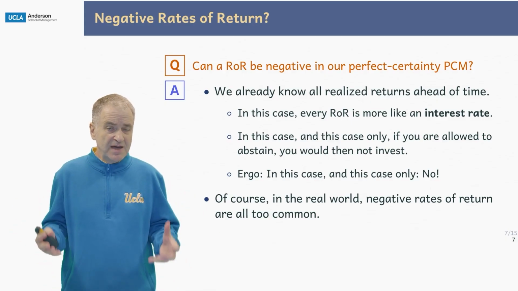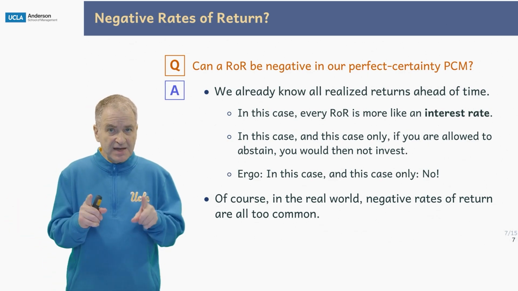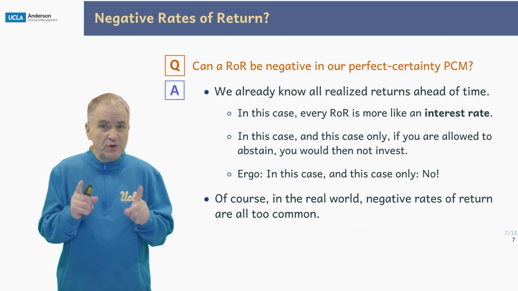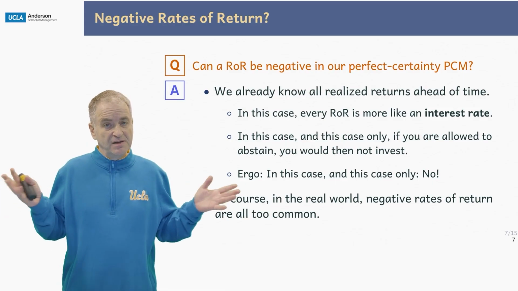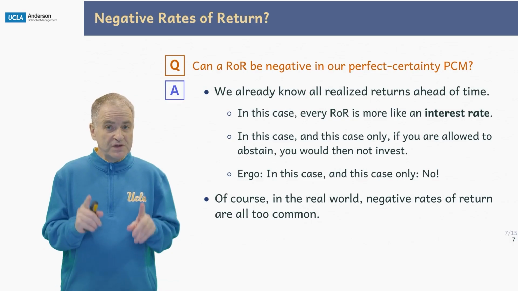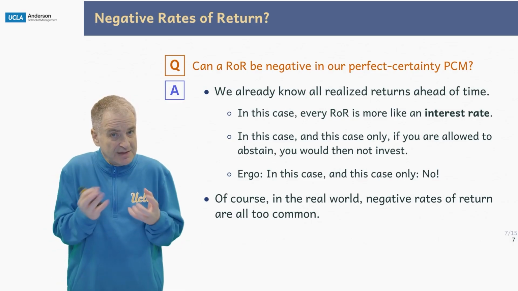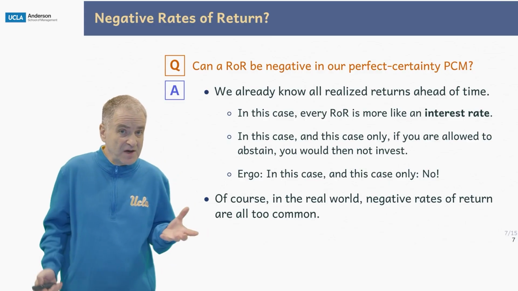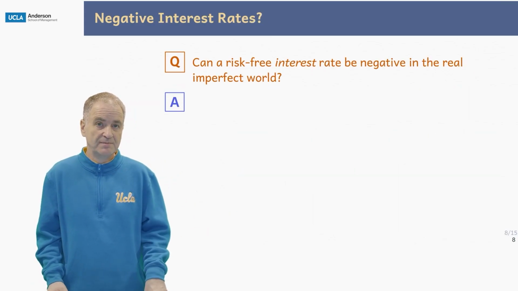In this case, every rate of return is more like an interest rate. In this case only, if you are allowed to abstain, you would simply not invest. Therefore, in this case only, no. Of course, in the real world, negative rates of return, in which case they aren't necessarily interest rates, are very common. There are a lot of investments on which you can lose money.